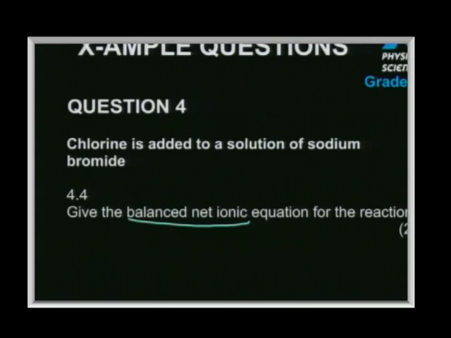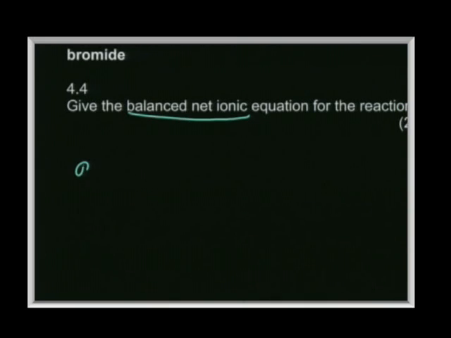Question 4.4 asks us to give the balanced net equation for this reaction. Now we've done the oxidation and the reduction half reactions. I'm just going to quickly rewrite those again so that we can determine our net reaction from there. You'll remember that your oxidation half reaction was the one where your bromide lost the electrons and turned into your bromine gas.